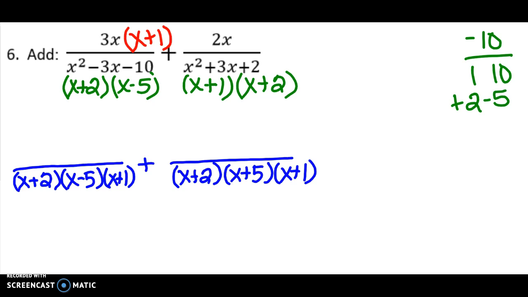So when we actually multiply that out, that gives us 3x squared. I'm just distributing the 3x plus 3x. All right, the second fraction, we have x plus 1 and x plus 2, but we're missing the x minus 5, and it looks like I wrote that wrong on the second one. Let's fix that quick.